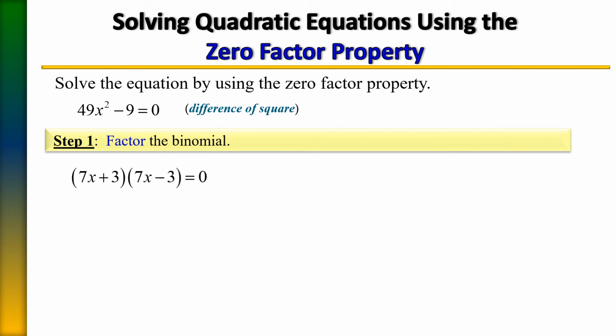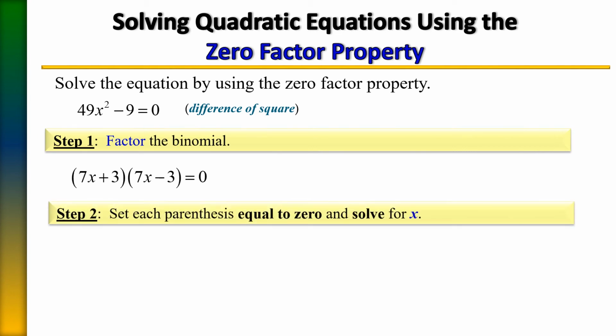Next, we're going to take each parentheses and set them equal to 0 so that we can solve for x. Anytime you have a difference of squares, you're going to have two solutions which are opposites of each other because they have different signs. So on one of them, you're going to have to subtract 3 from each side. The other one, you're going to have to add 3 to each side.